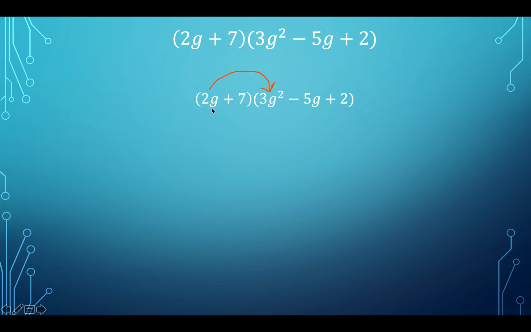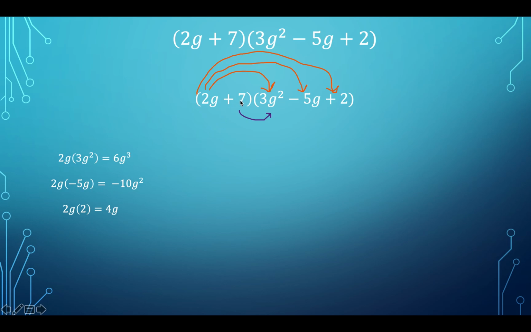First we do 2g times 3g squared, which gives us 6g cubed. Then 2g times negative 5g gives us negative 10g squared. And lastly, we distribute this 2g to the 2. 2g times 2 gives us 4g.